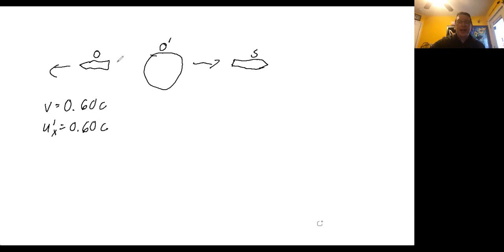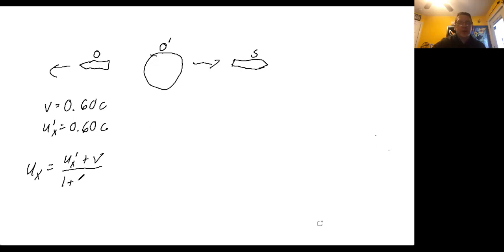And so we want to find U sub x, which is the velocity of this spaceship relative to this spaceship. So Ux is equal to, going back to the Lorentz transformation, Ux prime plus V divided by 1 plus V U primed x divided by c squared.